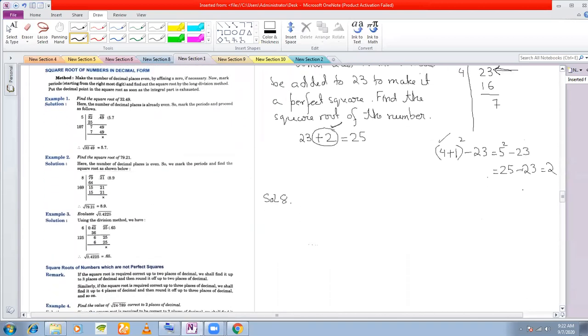So we start by saying that the greatest number of 3 digits, because if we add something to the greatest number of 3 digits, we will get the least number of 4 digits, isn't it?